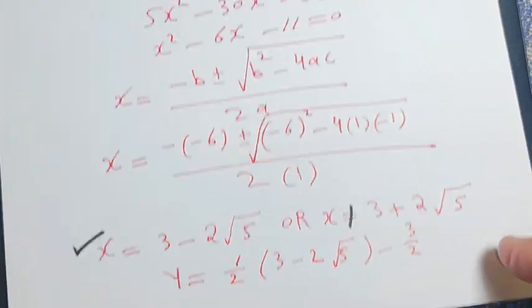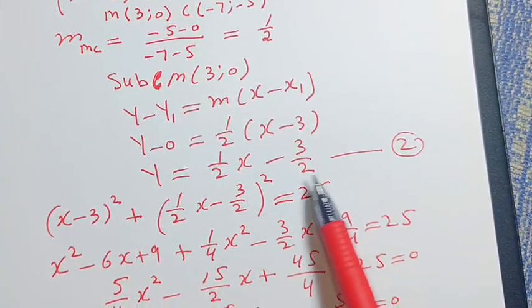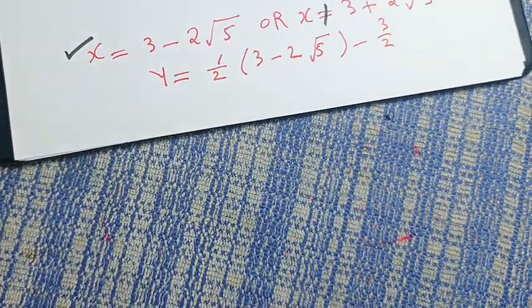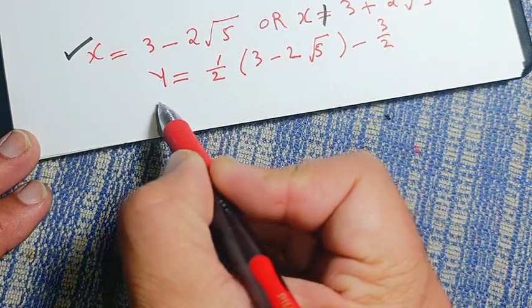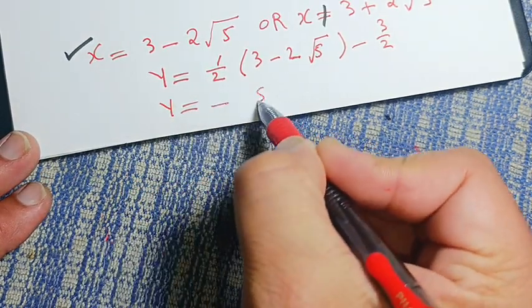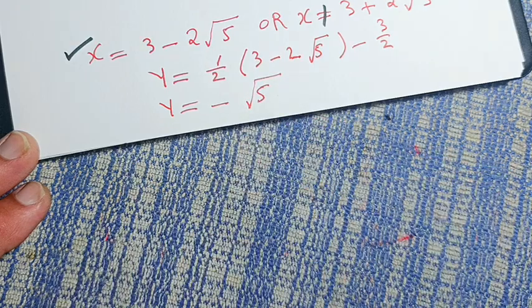Remember, I substitute into this equation number 2. Now I use my calculator. So the y value is going to be equal to negative 5 root. So this is my y value.